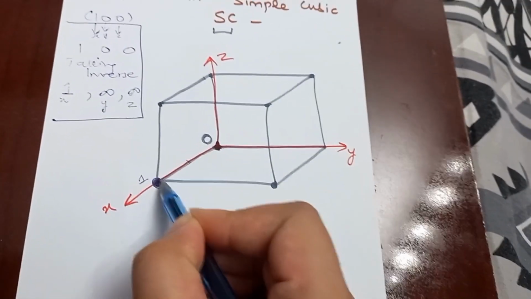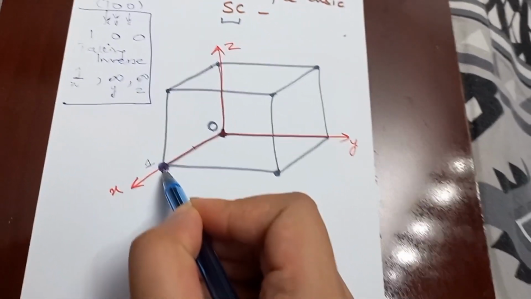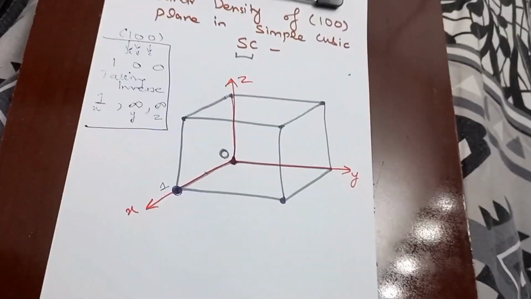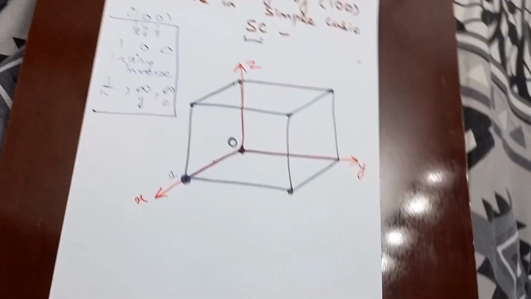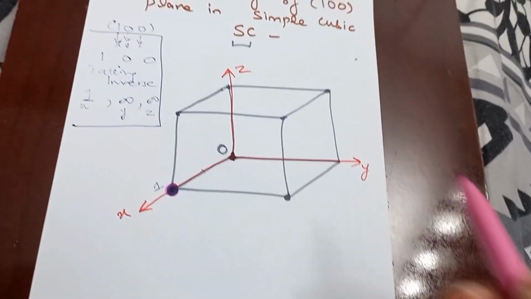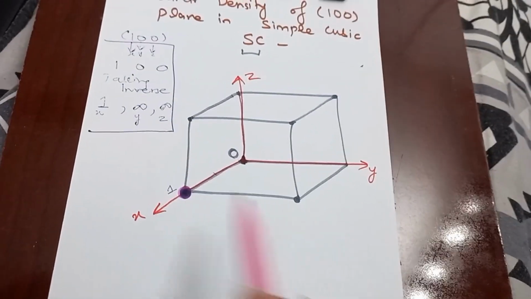This is one of the points on the plane, as you already know, because x-intercept was 1. Let me highlight it so that we know what are the points on the plane. This is the pink dot. What next?